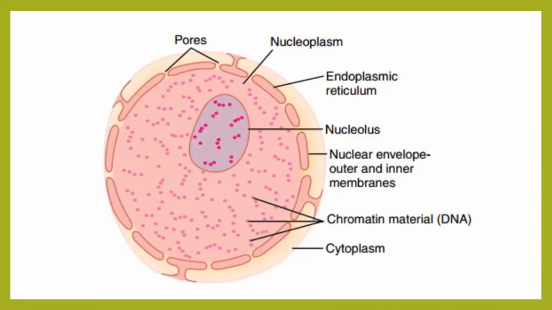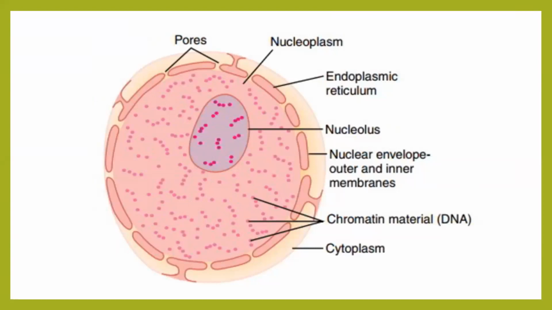That means it will have two layers, and the outer layer will have a lot of pores on it. What is the meaning of pores? Pores means small holes on its external membrane. Therefore, the outermost membrane of the nucleus is also called the nuclear membrane. And since the nuclear membrane has a lot of pores, it is also called porous in nature.